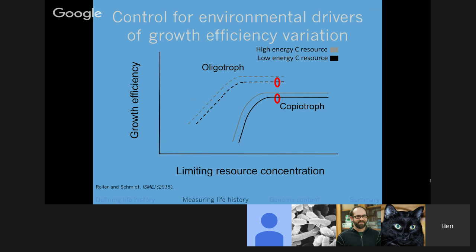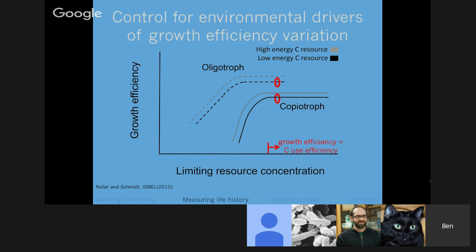We used radiolabeling with tritiated leucine and oxygen consumption and converted those to carbon units. And then we also directly measured carbon use efficiency with 14C radiolabeled substrates as well. And again, the growth efficiency is equivalent to carbon use efficiency once you get to these unconstrained balanced growth conditions that I'm showing.